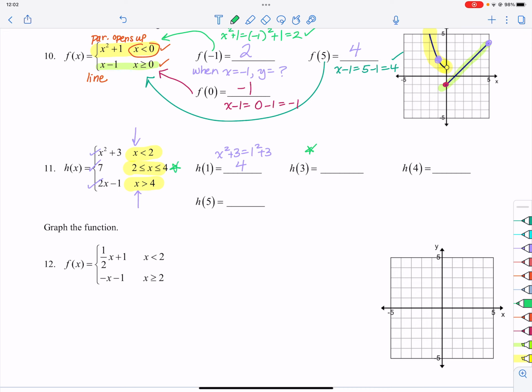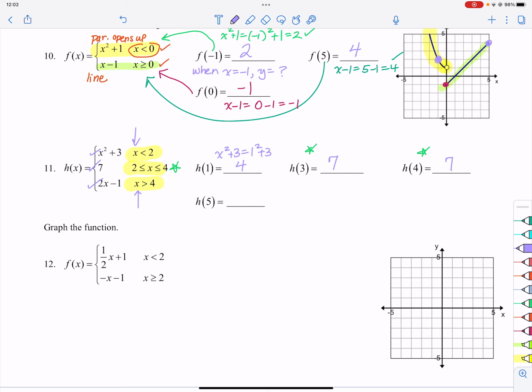For this one, that's simply equal to 7. For h of 4, again, we're going to be in this middle interval because 4 is less than or equal to 4. So we also have 7.